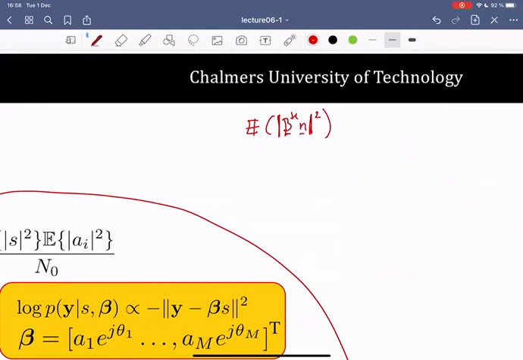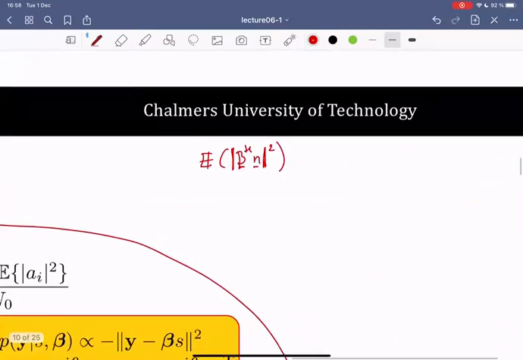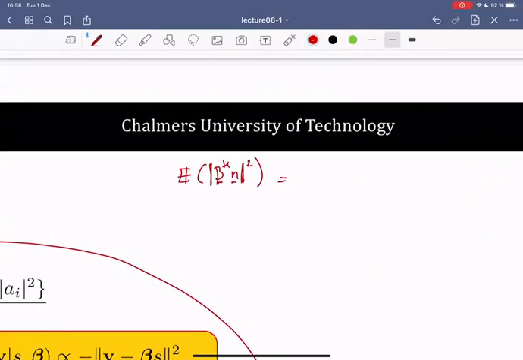Okay, beta and n are vectors. So now I will make use of the fact that absolute value of x squared is x times x complex conjugate. So this is expectation of beta Hermitian n and Hermitian beta, right?